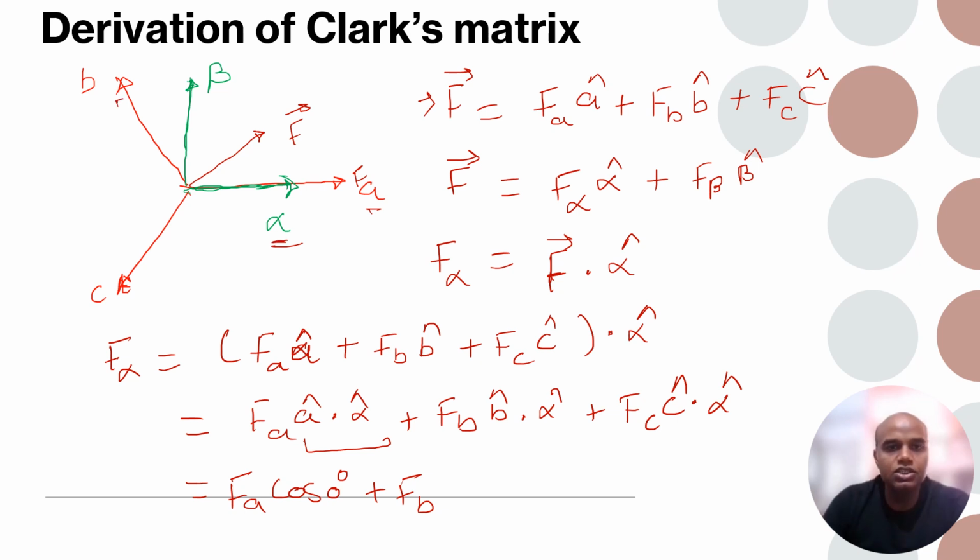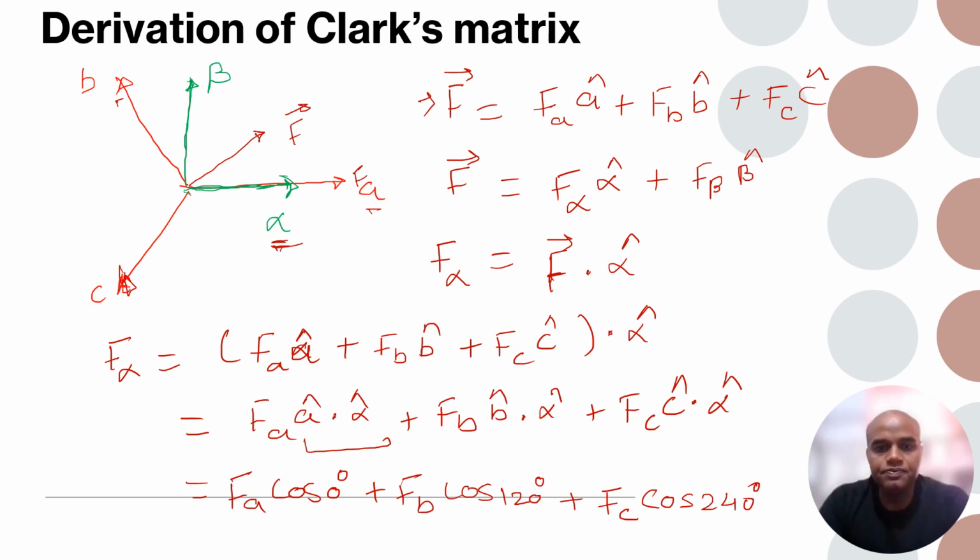Alpha is in phase with A, so the angle between A and B is 120 degrees, so between B and alpha is also 120. So cos 120 degree, and similarly here we have Fc, the angle between the C vector and the alpha, which is 240. So it is cos of 240.